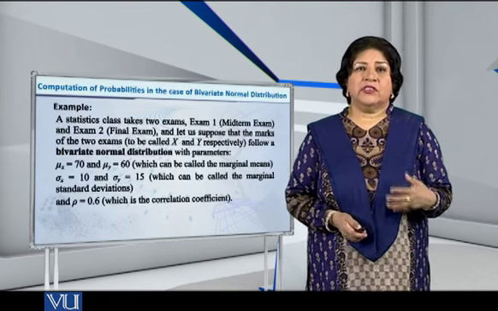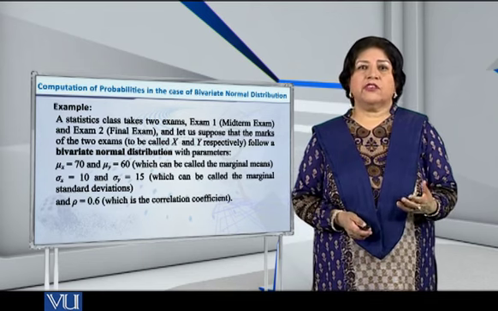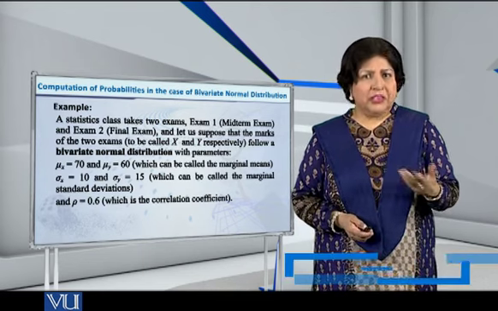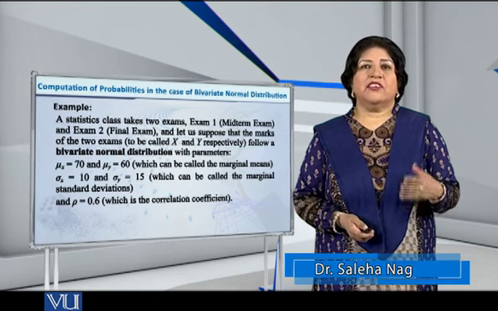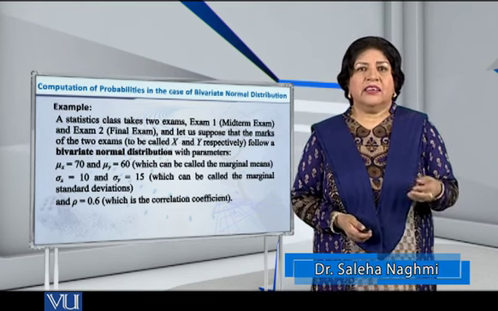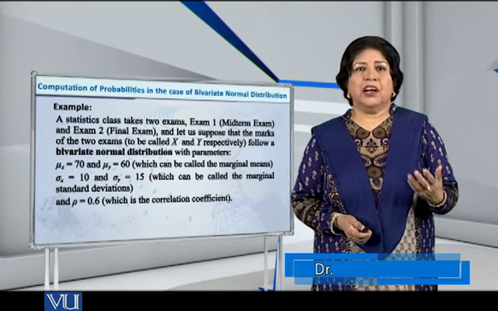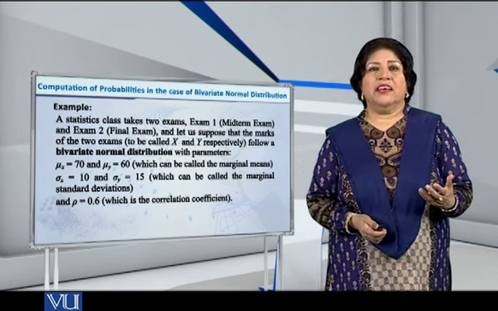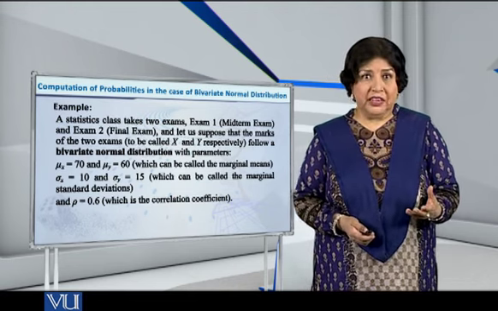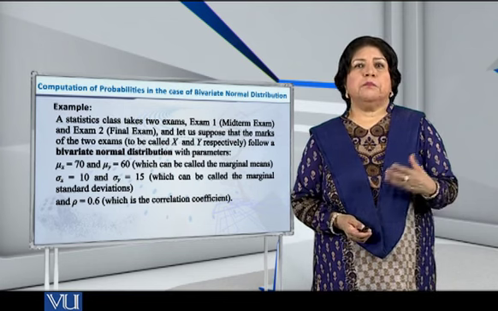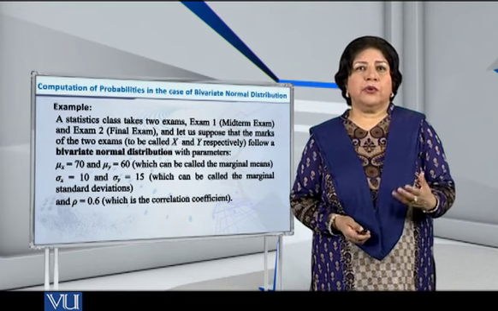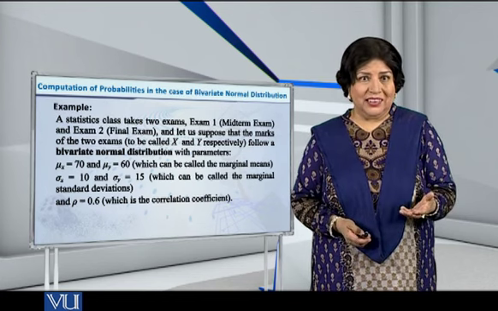Suppose that a statistics class takes 2 exams, exam 1 yani midterm exam and exam 2 the final exam. And let us suppose that the marks of the 2 exams, to be called X and Y respectively, follow a bivariate normal distribution with the following parameter values.